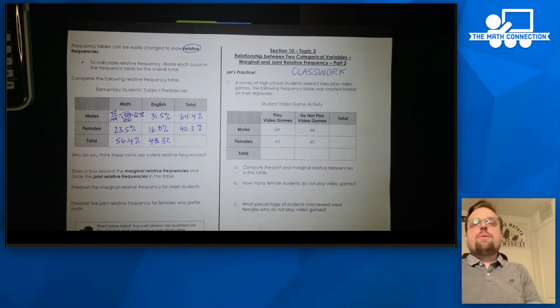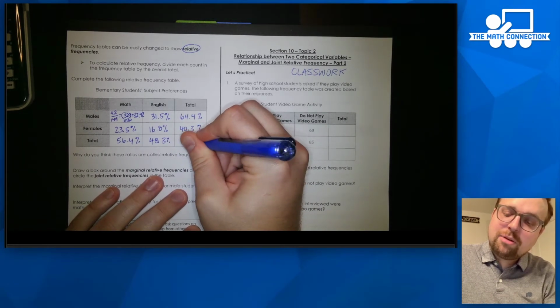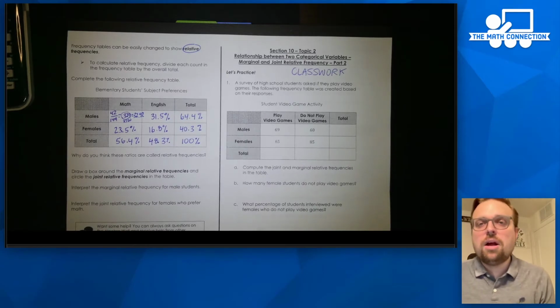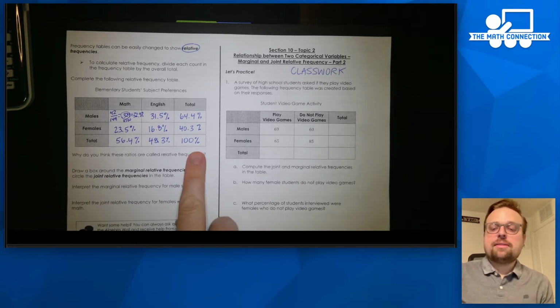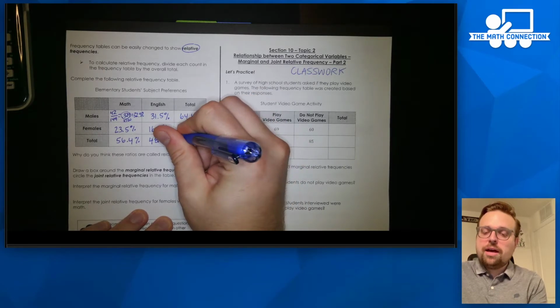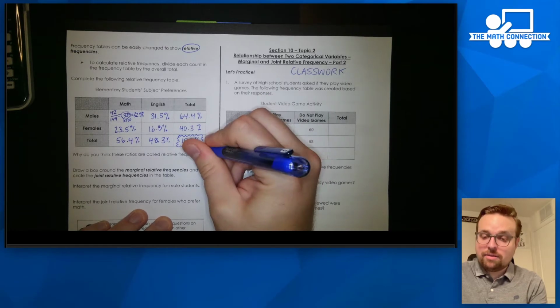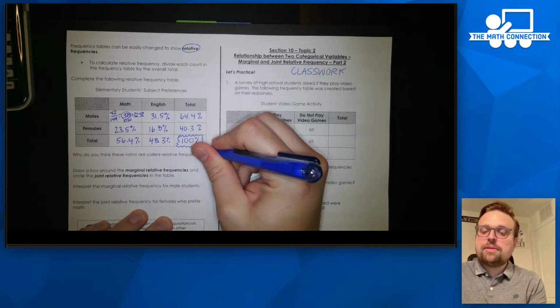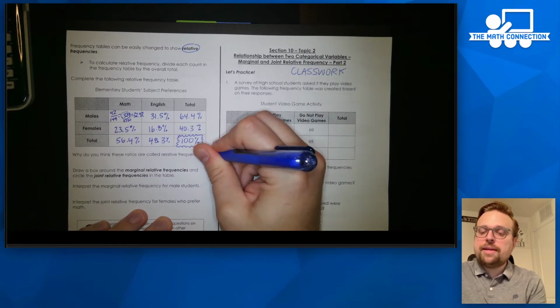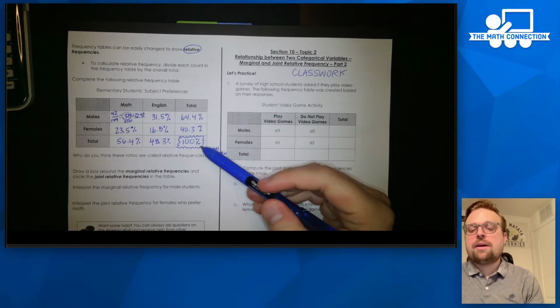Now, the very last thing is that this box here, this is going to be 100%, and it's going to be 100% always, no matter what, because this box in the corner represents your total. I'm going to not use a circle or a box here. I'm just going to use these ziggity-zaggities, okay? So this number represents your total population that you surveyed, okay? So no matter what, that's 100%.